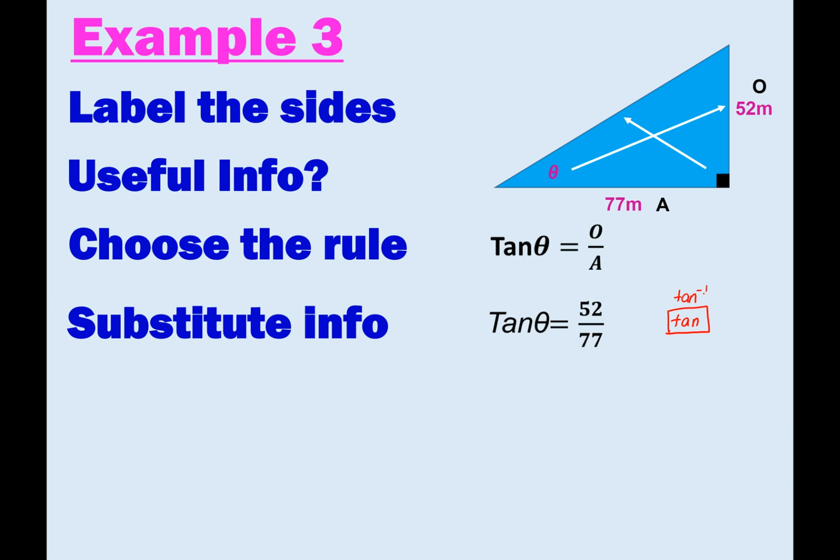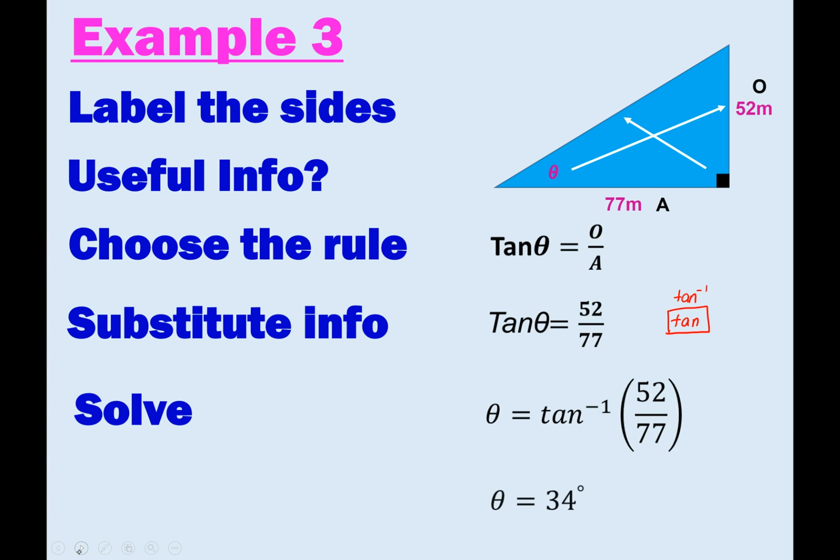Now in order to use that, you have to press Shift Tan, because it's upstairs. So push your Shift button and we go Shift Tan bracket 52 divided by 77, close your bracket, and you should get an answer of 34 degrees.